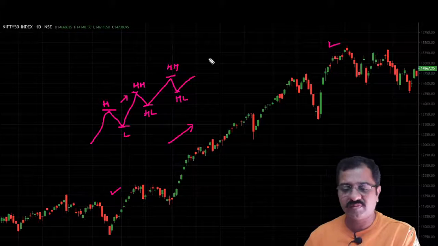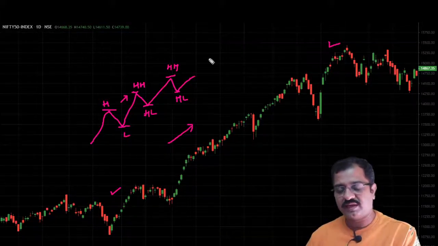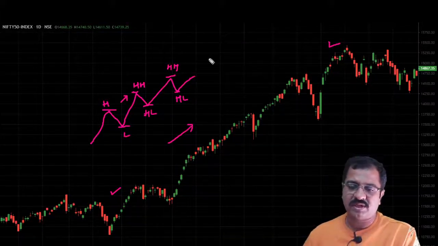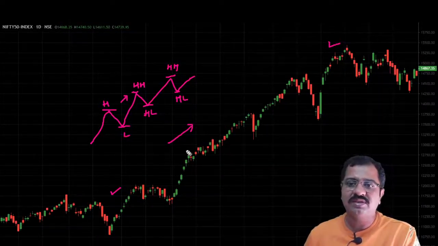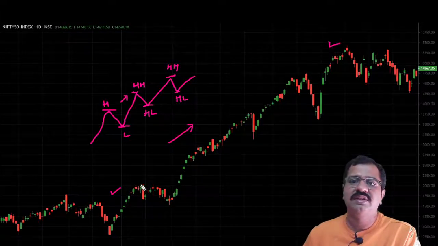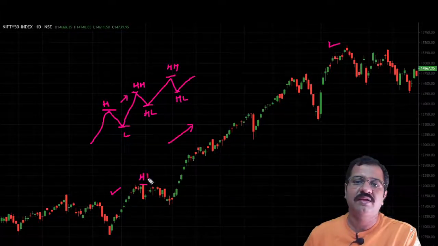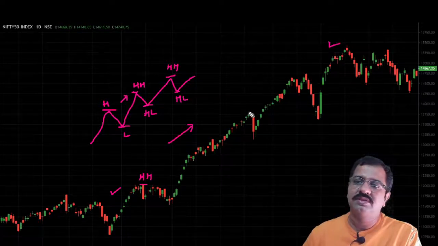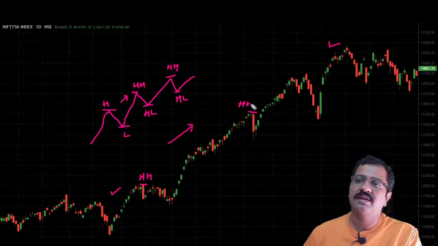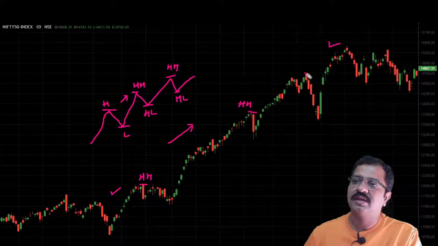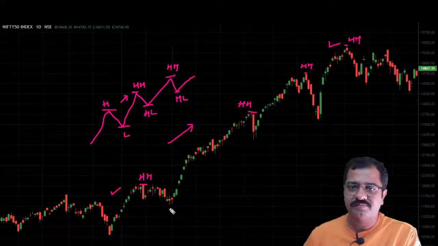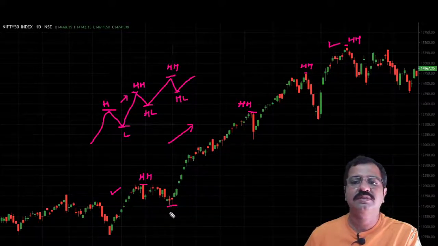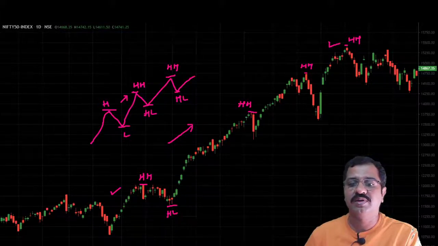And vice versa, when lower highs and lower lows are created on the chart, it is a downtrend. So in this chart, say this is a higher high, this is a higher high, this is a higher high, this is a higher high, right? And this is a higher low, because this is the previous low.